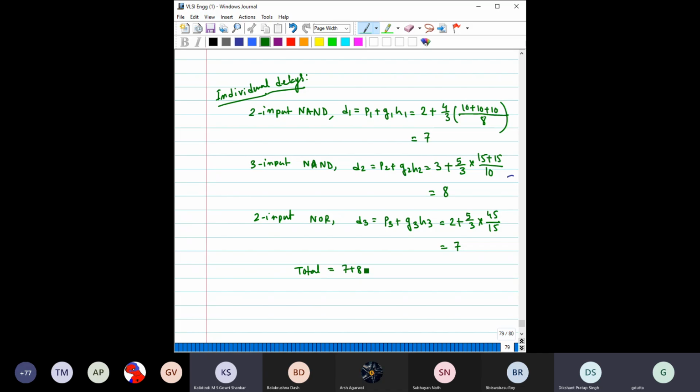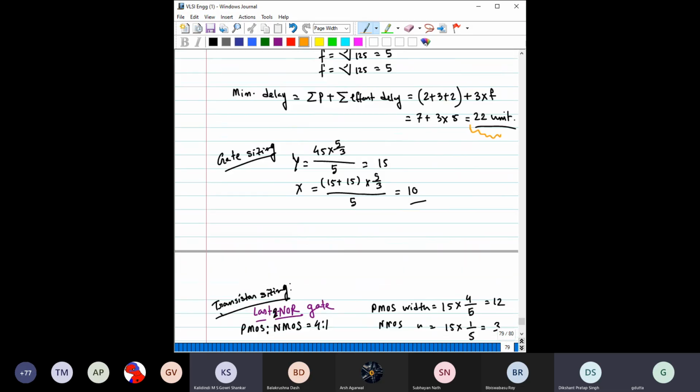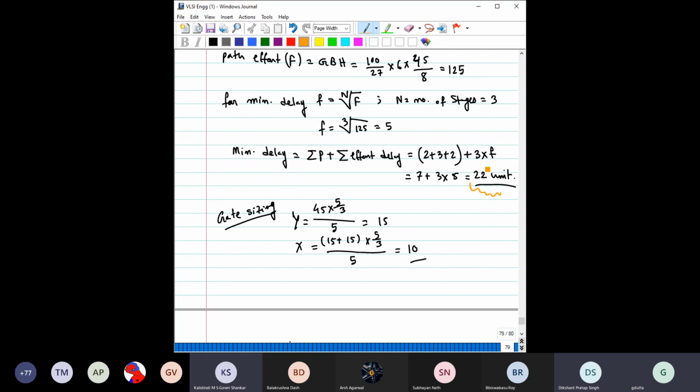Total is 7 plus 8 plus 7 equal to 22. So you can see here this value, 22 units, is the total delay, and this is basically the minimum delay.